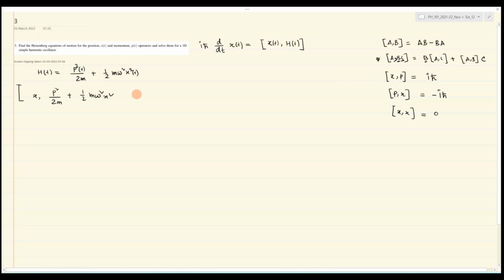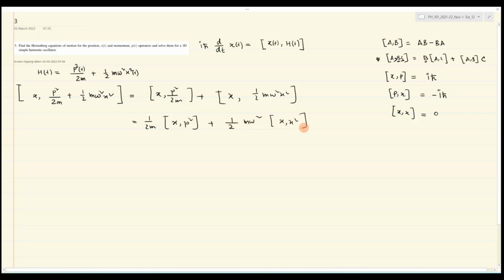If something is plus, you can separate the commutators: x comma p square by twice m plus x comma half m omega square x square. If some constant is there, you can take it out: 1 by twice m x comma p square plus 1 by 2 m omega square x comma x square.